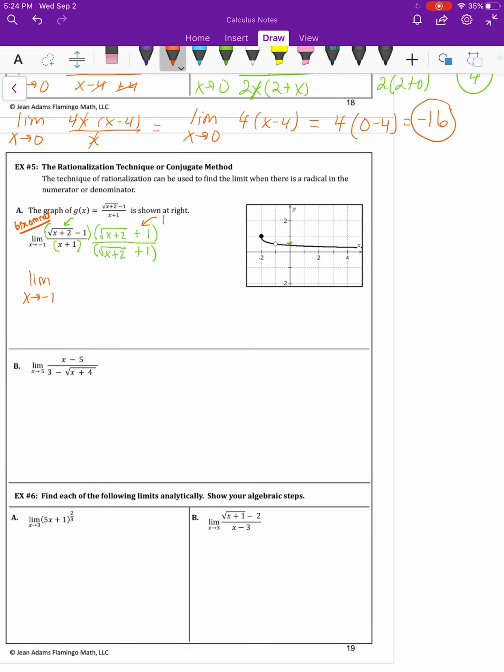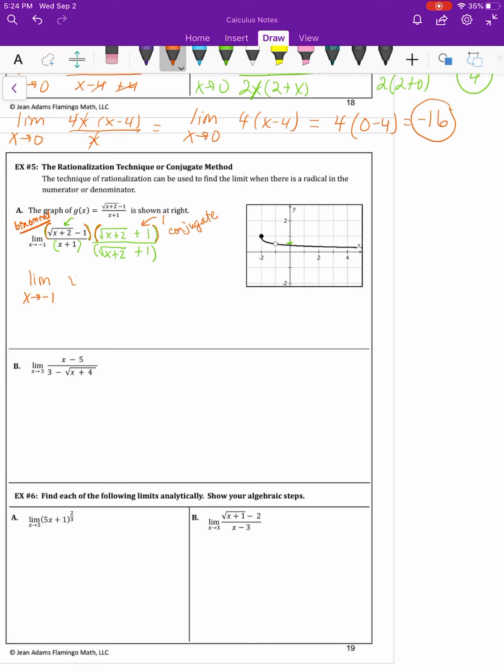So I started out with a binomial that had a root in it. This is my binomial right here. This is what I found the conjugate of. So this is my conjugate. Right here is the conjugate. I found it by taking the first term of my binomial and then changing the sign of the second term. So the binomial times its conjugate, you want to multiply.